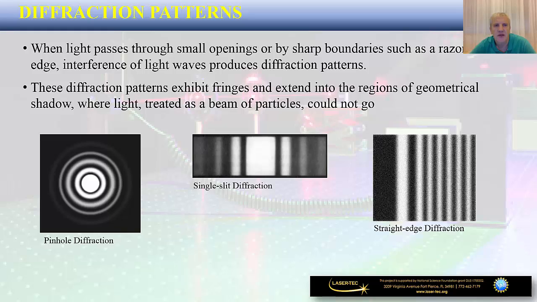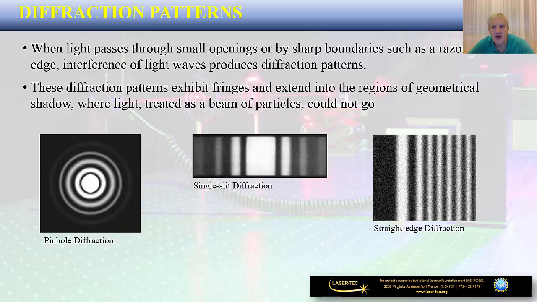In general, when the light interacts with small openings or sharp boundaries that are of a size comparable to the wavelength of the light, we are going to have the occurrence of interference. So interference of light waves would basically produce so-called diffraction patterns. Here we have a few examples of diffraction patterns. Diffraction of a circular nature that results from a pinhole diffraction.